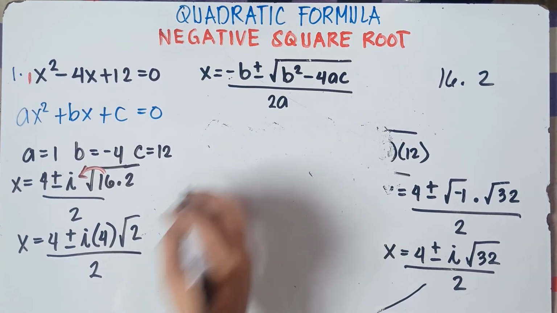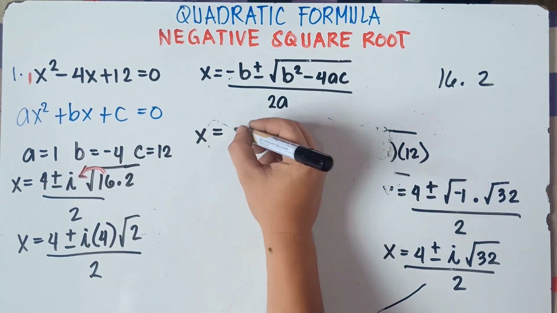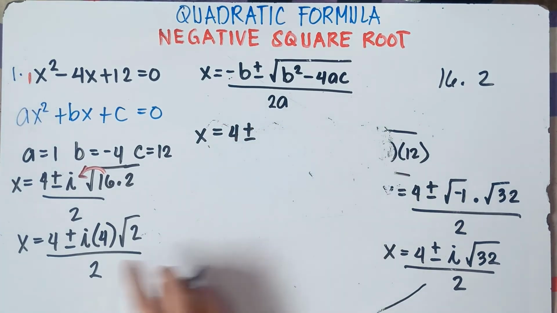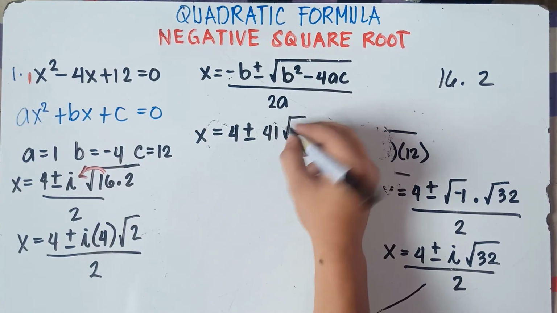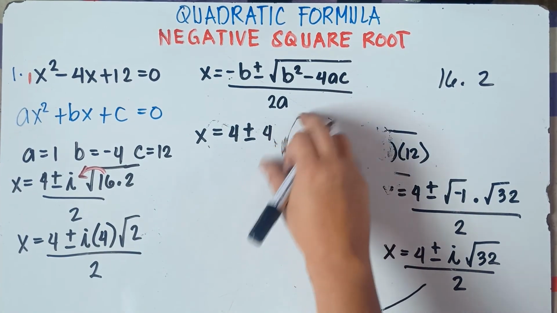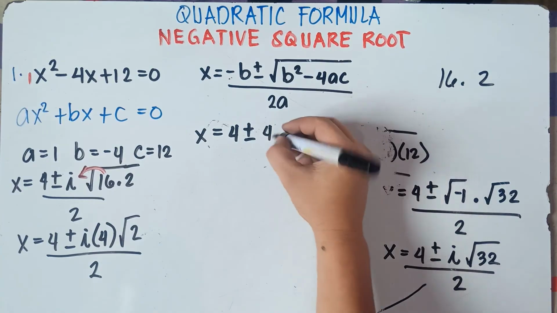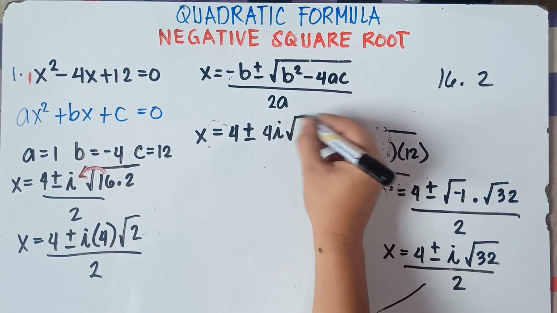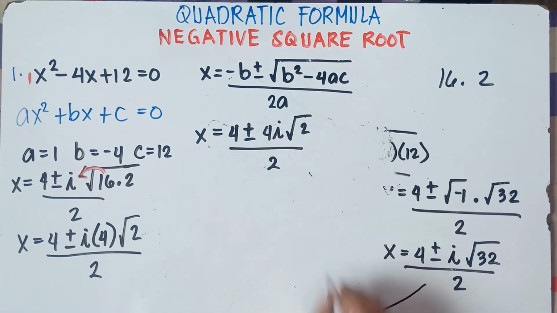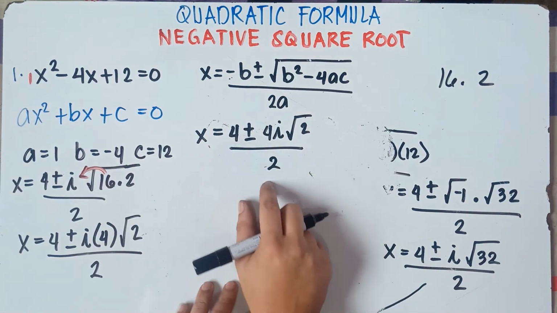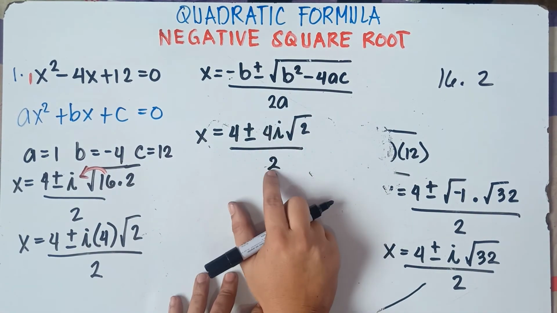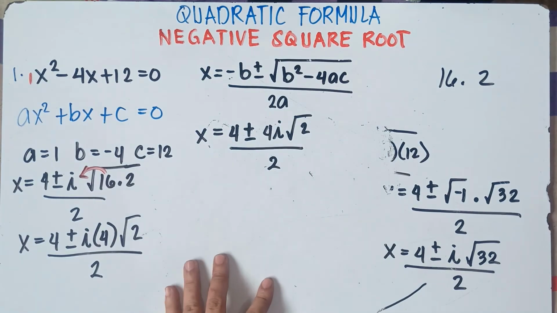Alright, so this will be x equals 4, positive, negative, i times 4, that will be 4i. This is i, class, that's not 41, it's 4i. And then the square root of 2 over 2. Last one, class, we can just simply divide this one. Also this one, 4 divided by 2, we can divide that one. So simplify.